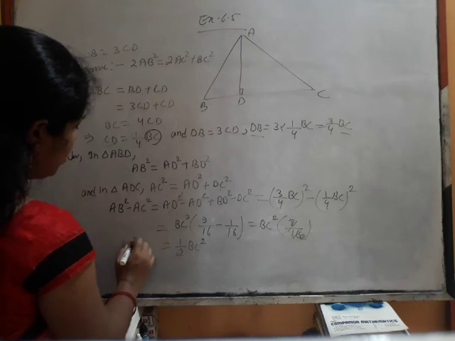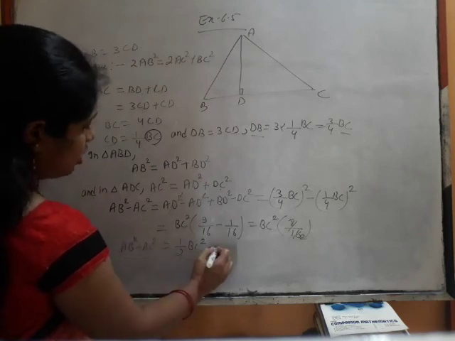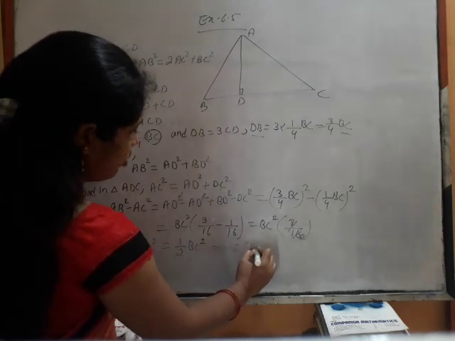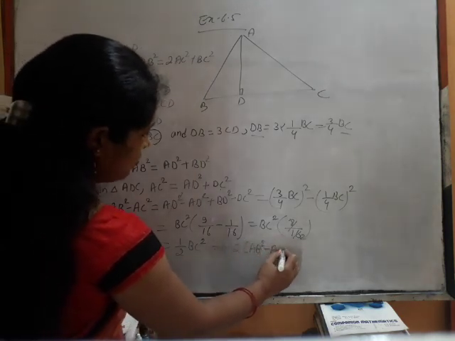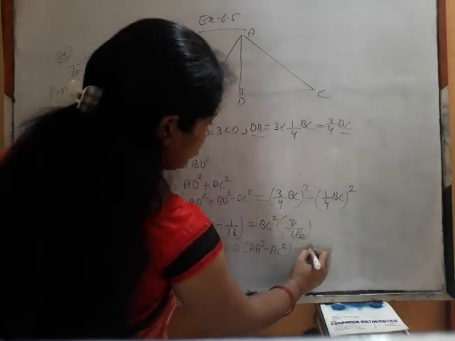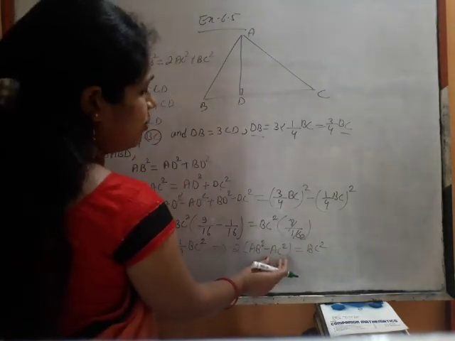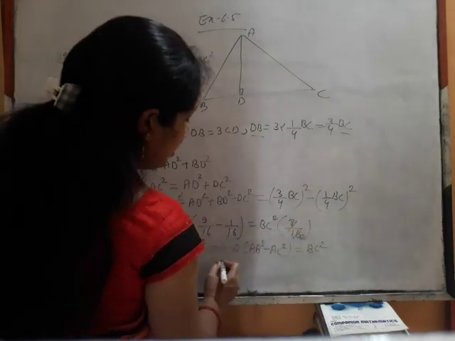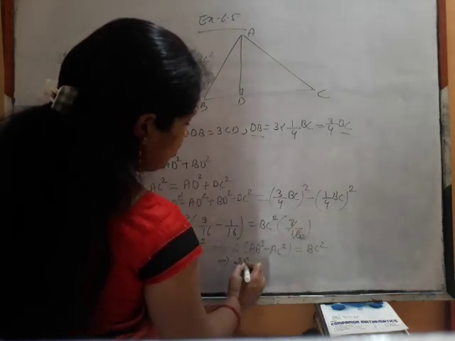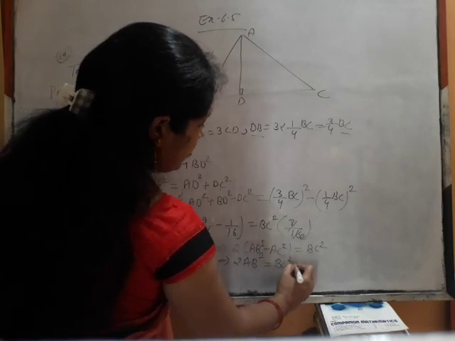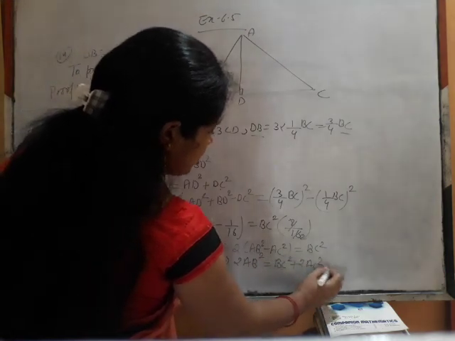So this is AB square minus AC square. This implies 2 will go to the left hand side. So twice of AB square minus AC square is equal to BC square. Now 2 will multiply and minus 2 AC square will shift to the right hand side. So it will be 2AB square is equal to BC square plus 2AC square.